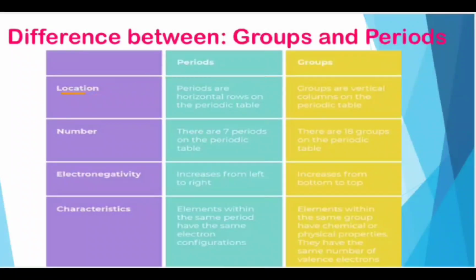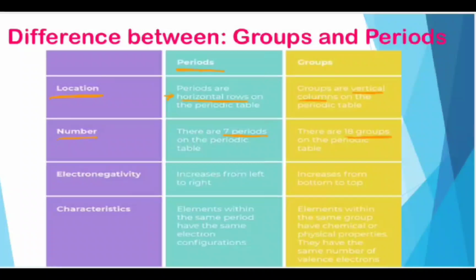Location: periods are horizontal rows on the periodic table, whereas groups are vertical columns on the periodic table. Number: there are 7 periods on the periodic table, whereas there are 18 groups.